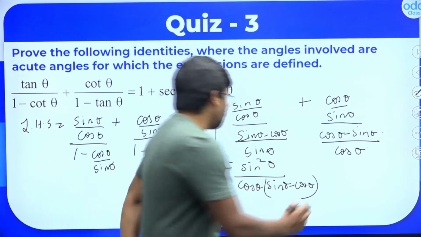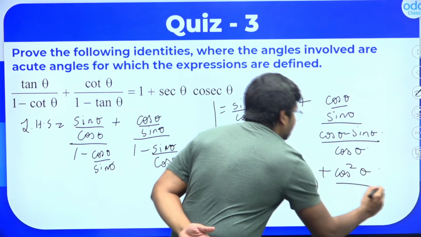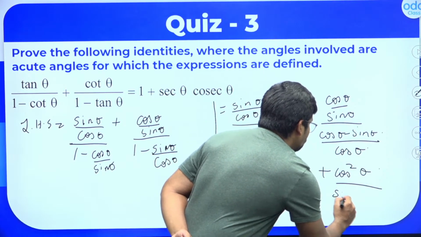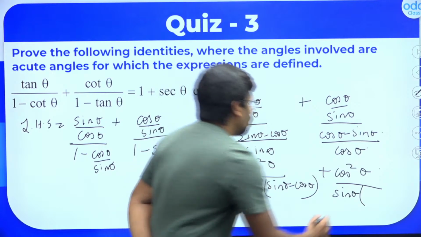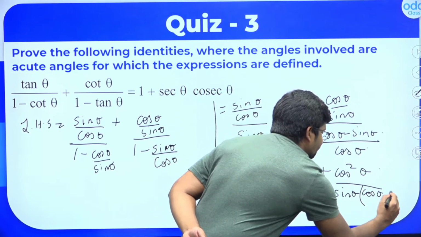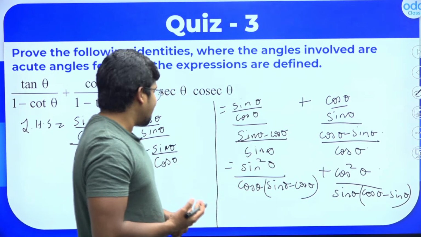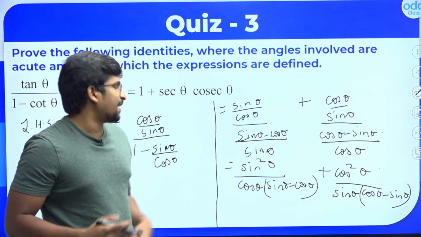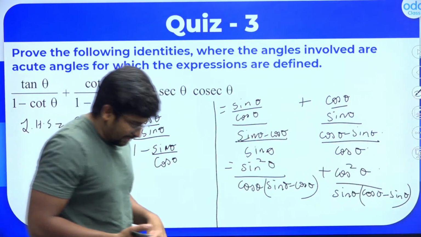Cos theta will go to the numerator, so it will be plus cos square theta divided by sin theta into cos theta minus sin theta. You can fairly write it like this. Yes, so what we have is sin square theta divided by cos theta into sin theta minus cos theta plus cos square theta divided by sin theta into cos theta minus sin theta.